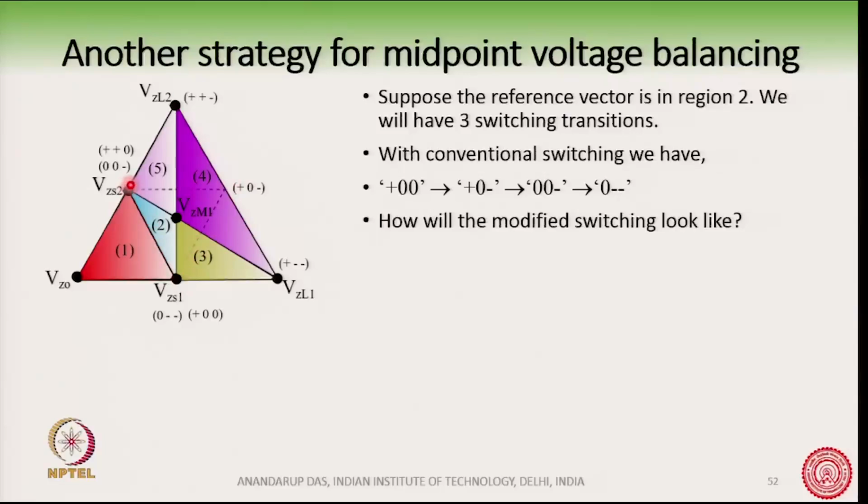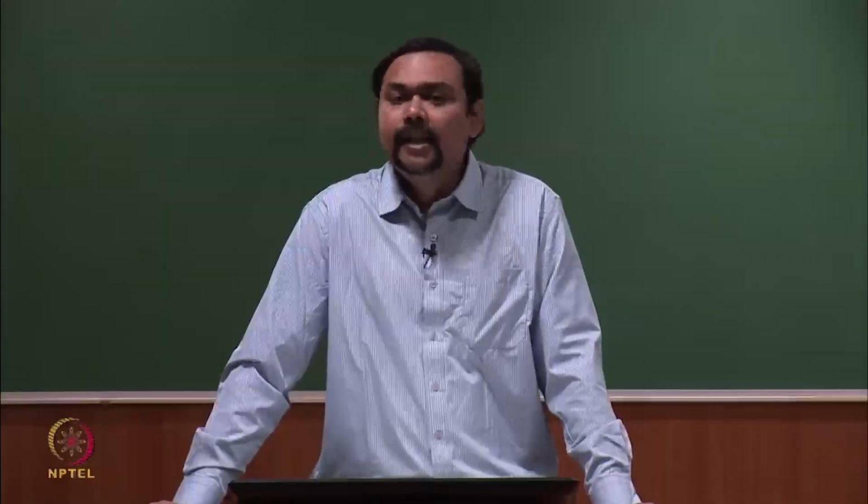So, will it not increase the switching frequency? Yes, indeed it will be increasing the switching frequency, and that is correct. By use of this VzM1, the switching frequency in fact increases by about 33%. However, the midpoint voltage fluctuation is highly minimized with this technique.